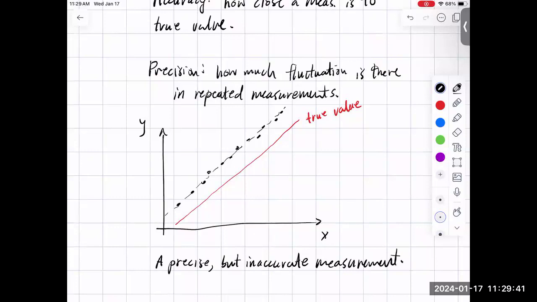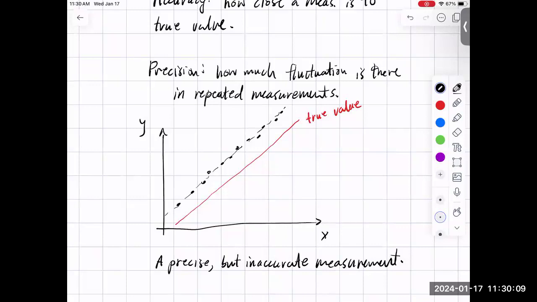There are some cases where you might do that, like when you're designing an experiment, and what you first do is make a measurement of something you know to test the quality of your apparatus. And then once you have that confidence in it, you go make some new measurements with the same apparatus. You trust it now, but you're measuring some new material or some new phenomenon where you don't know what the true value would be.